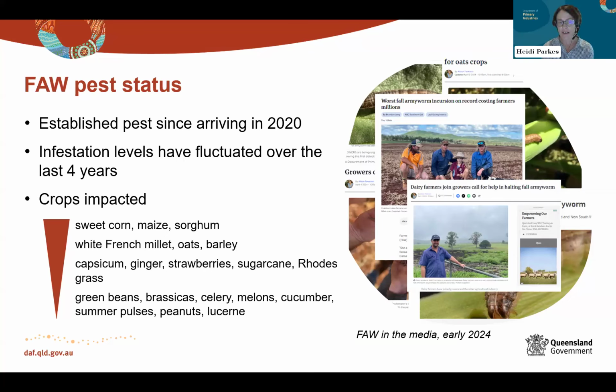There were major losses again last summer, when infestations in maize and sorghum were the most severe to date in Queensland and northern New South Wales, and other crops like winter cereals and pasture grasses came under threat for the first time, and that has caused some concerns about the expanding pest impact across other industries.